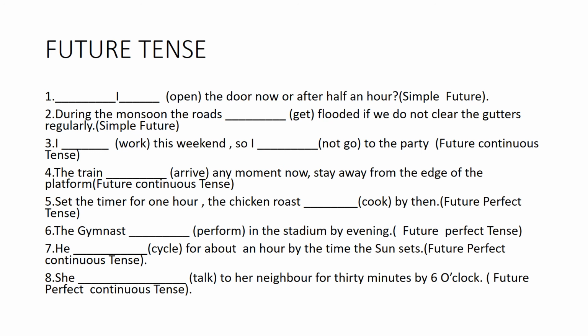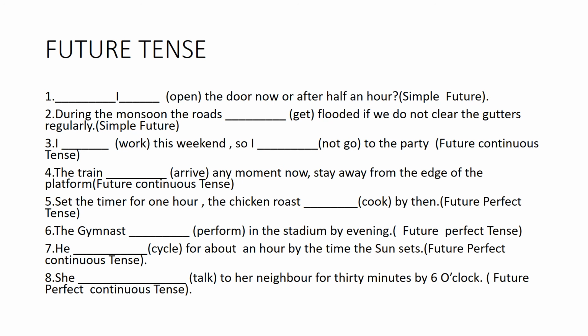The chicken, it, will have cooked by then. Sixth example: the gymnast will have performed. Gymnast means he will have performed in the stadium by evening.